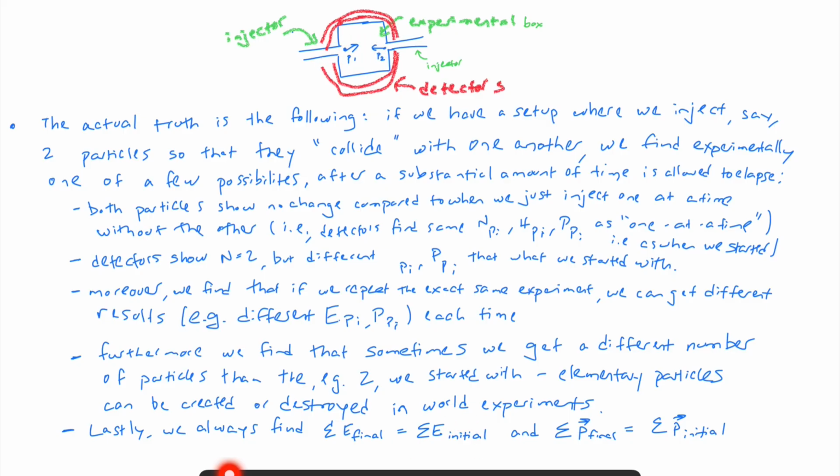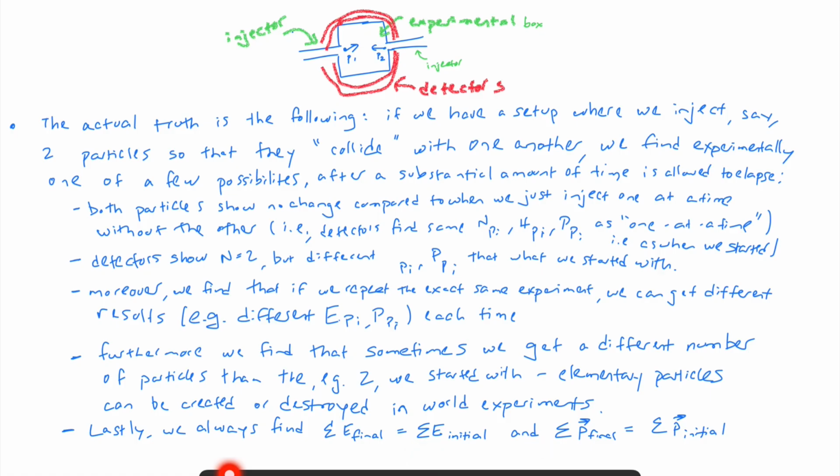And we know the initial energy by looking at the energy of this thing with this turned off, and then the energy of this thing with this turned off. And we define that as 2 particles in a given eigenstate of initial energy, assuming that when we set it up, we did get an eigenstate. But anyway, the point is that we always find, no matter what these outcomes are, that the final energy of the whole situation is equal to the initial energy of the whole situation.